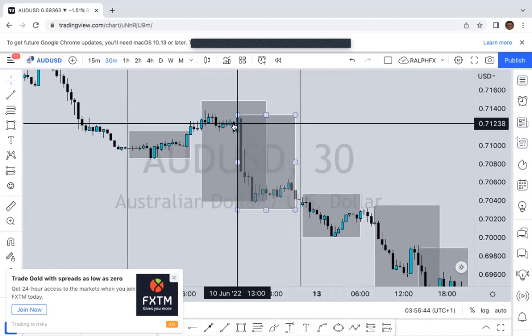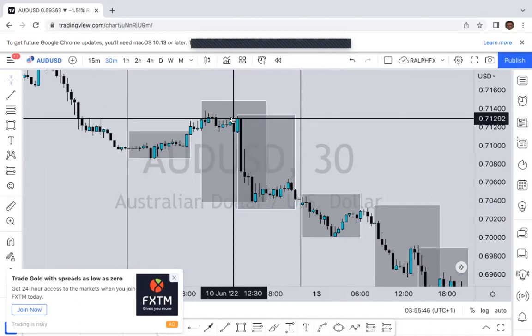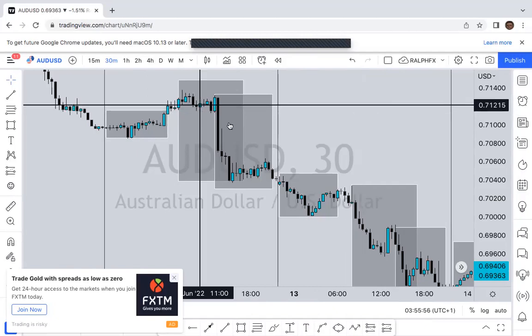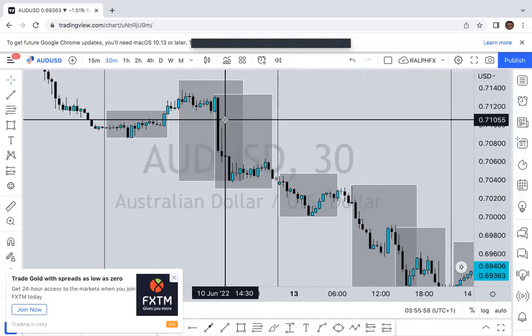So you can really use these session overlaps if you're a smart money trader or a day trader looking for the best time for your entries. This is the best time to time your entries for pairs that are based against the USD, like AUD/USD, GBP/USD, USD/CAD, EUR/USD, and so on.